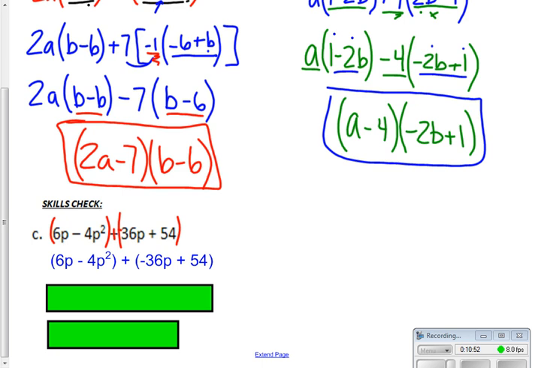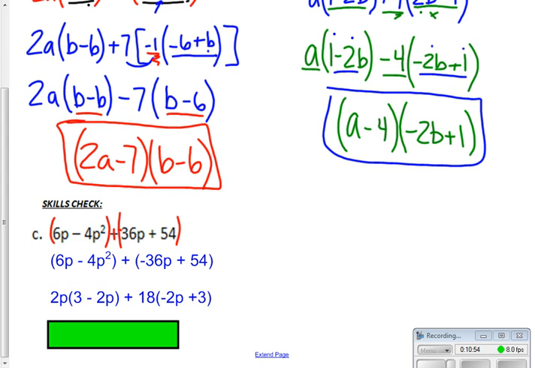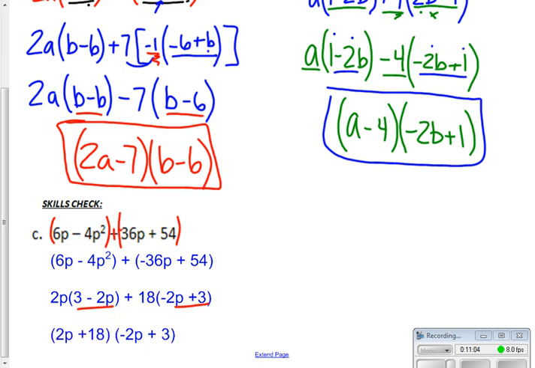Determine what I can factor out of each group here. I've done so. I notice that these two are not identical, so I need to go ahead and factor out a negative 1. Excuse me, I didn't factor out a negative 1. The reason why I didn't is because these are actually identical.